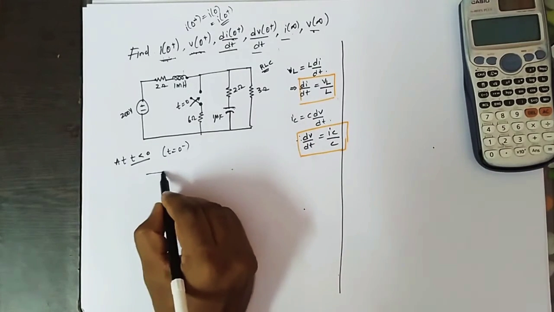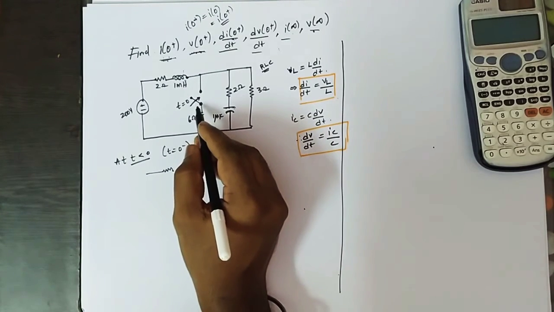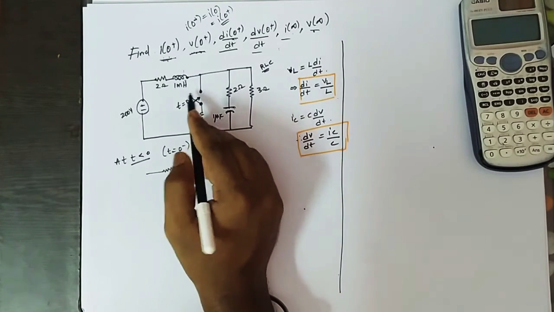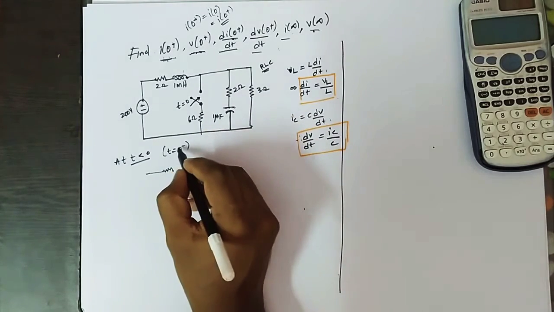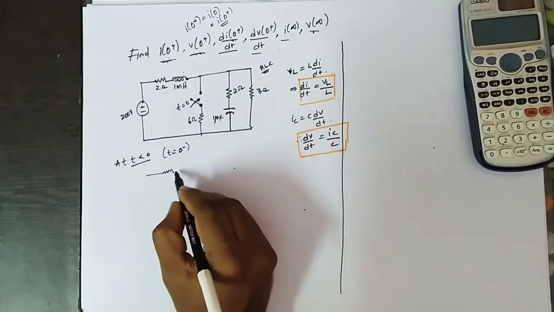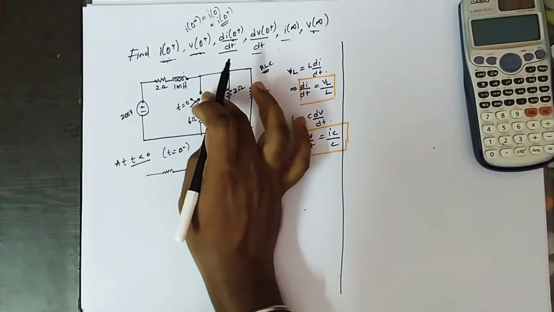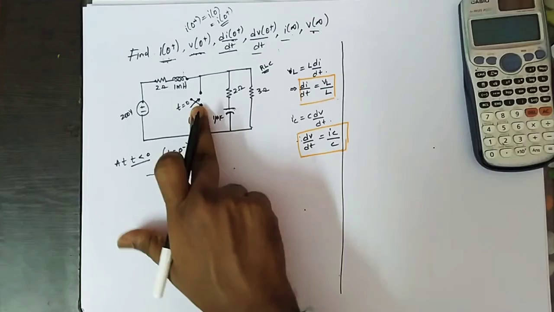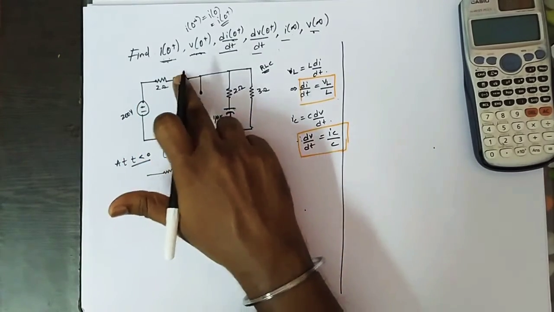The switch is not on. The inductor and capacitor have been operated for a finite time. At t equal to 0 minus, the inductor is shorted because the circuit has already been operated for a finite time before the switch is on. The source is acting on the inductor and capacitor.